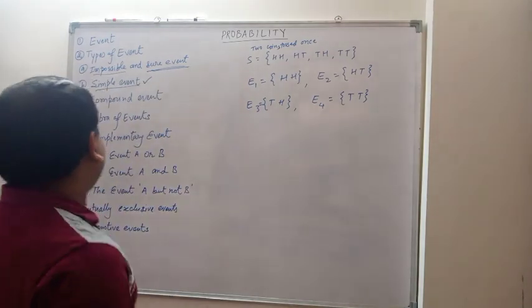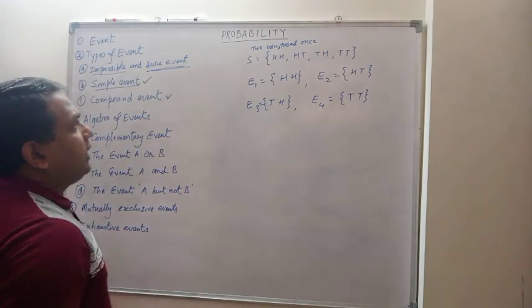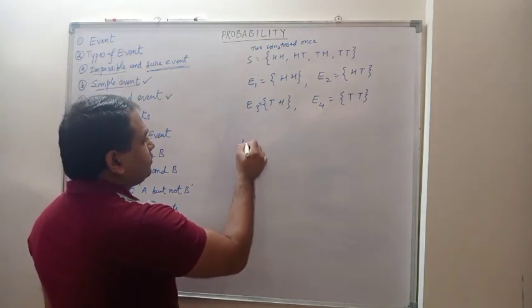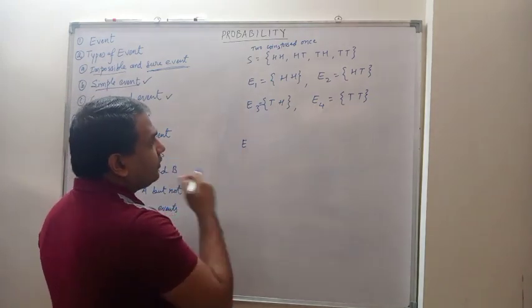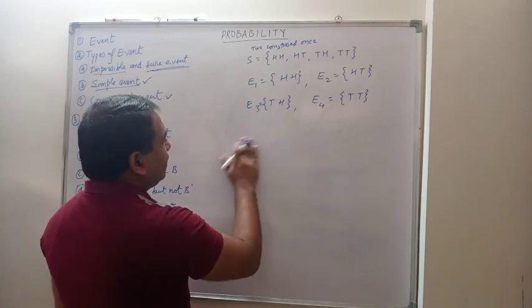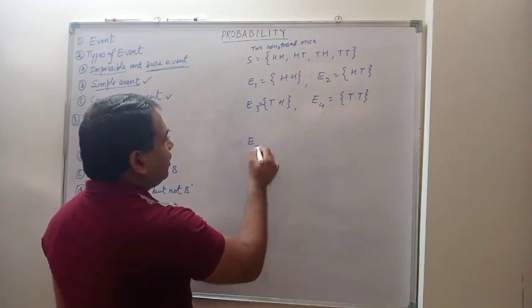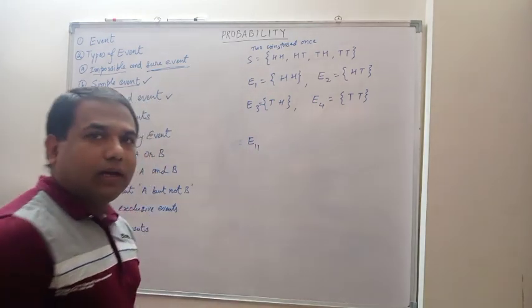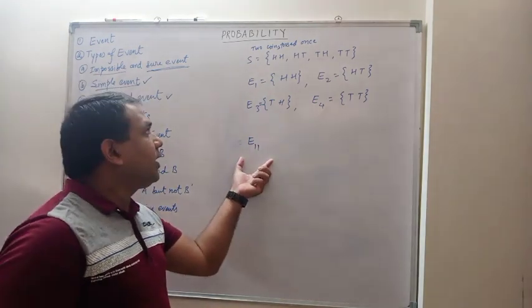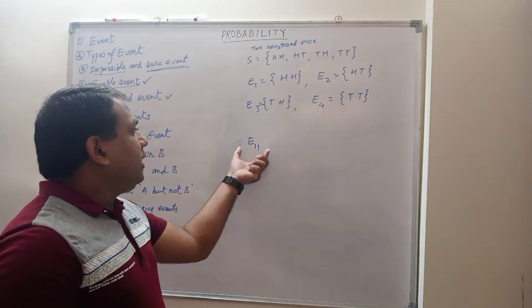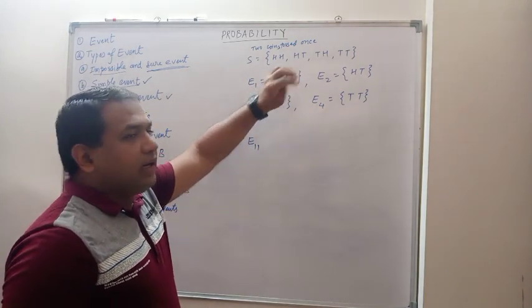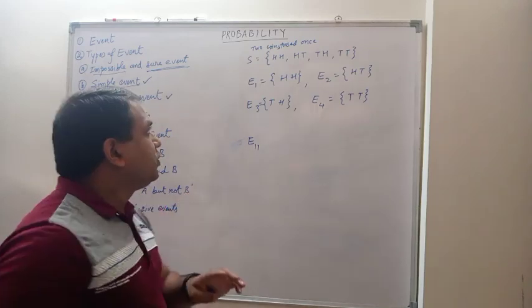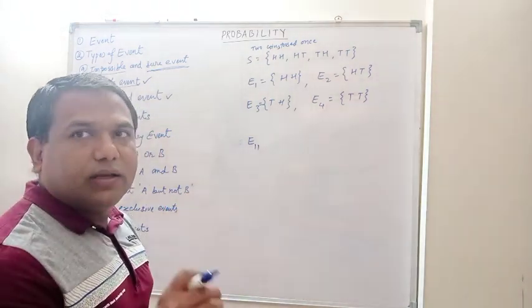And compound event, as we can say. I'll take another example, event E11. Let us consider that you require a tail, so at least one tail is required.